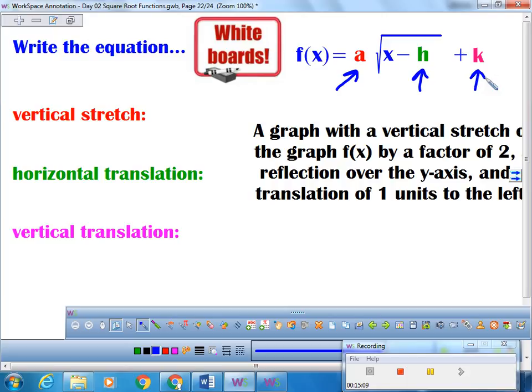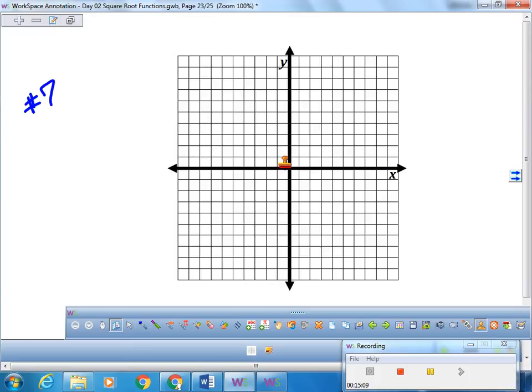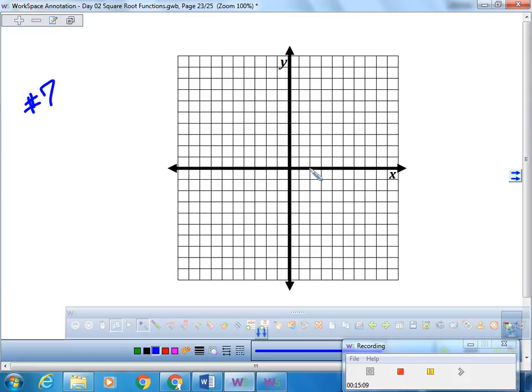For number 7, let's look at it. Here's number 7. Is a graph. It's over 1, down 2, correct?